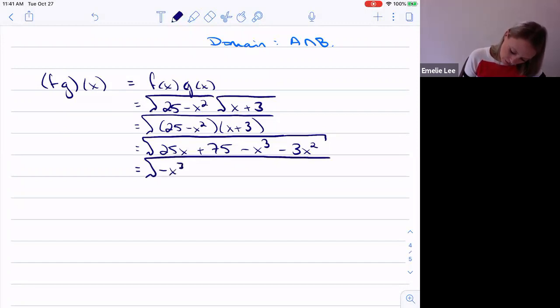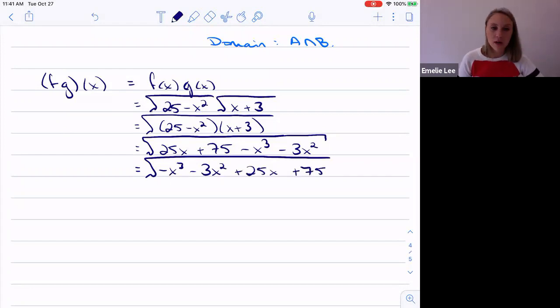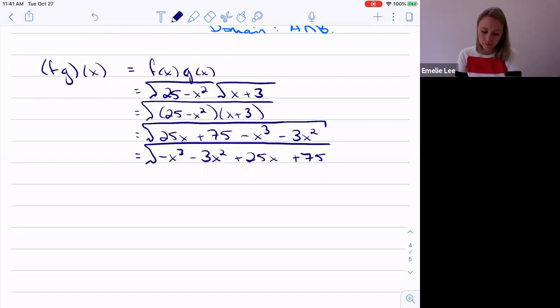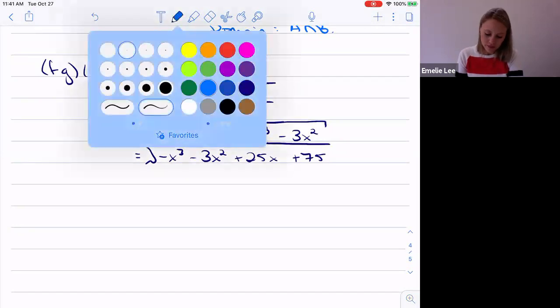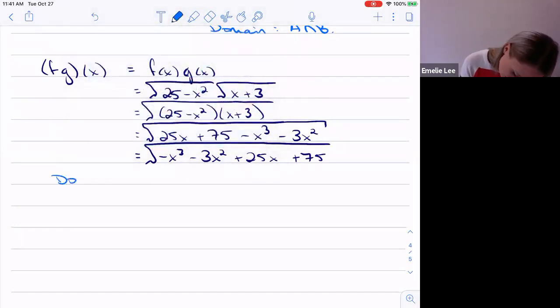Negative x to the 3 minus 3x squared plus 25x plus 75. Just remember to make a note in my notes here. And the domain here, of course, again, is that A and B.